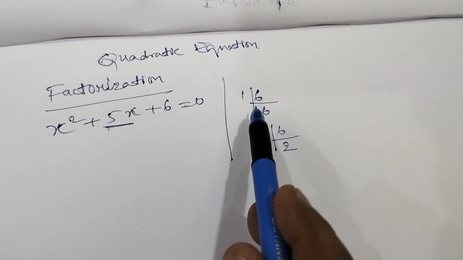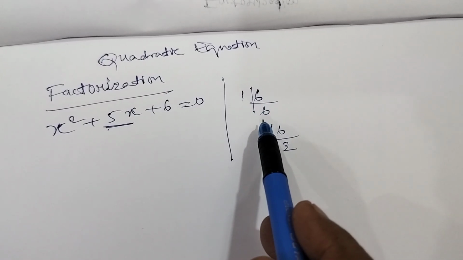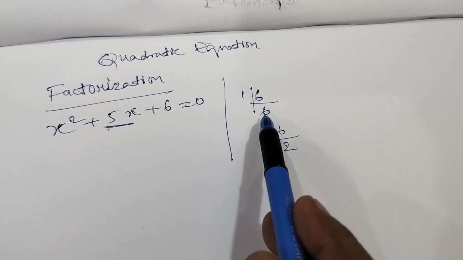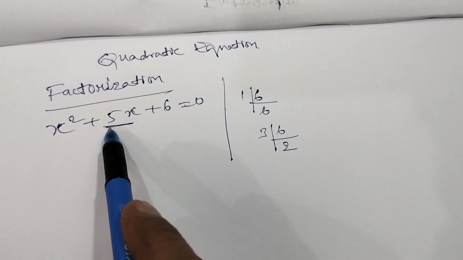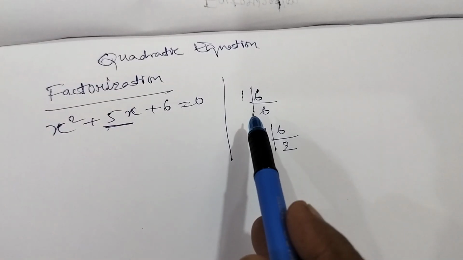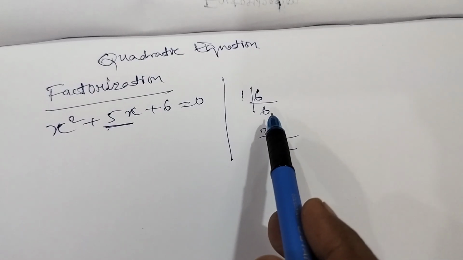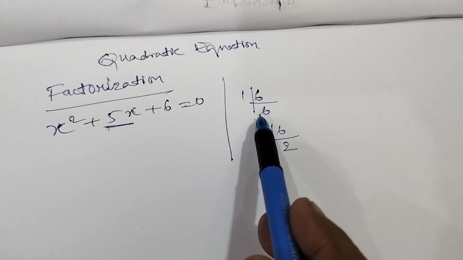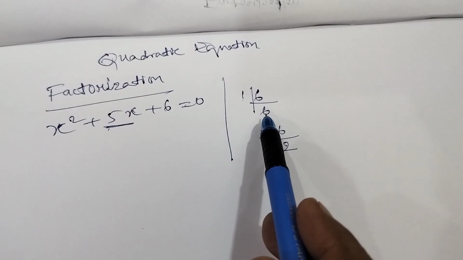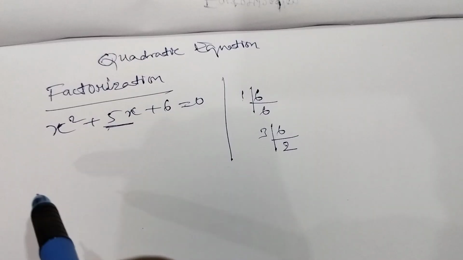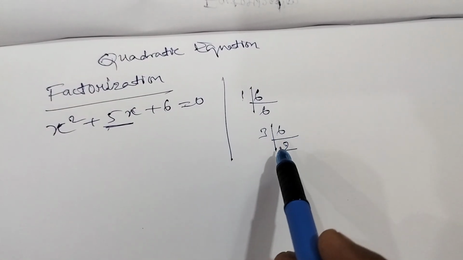When you consider the first one, 6 times 1 or 1 times 6 is 6. When you add both the numbers 6 and 1, you get 7, but 7 is not required. When you take away 1 from 6, that is 6 minus 1.